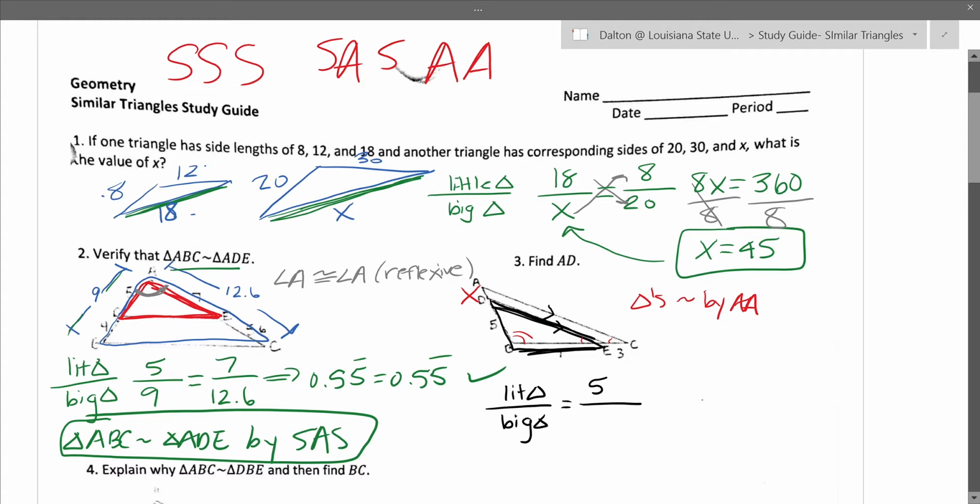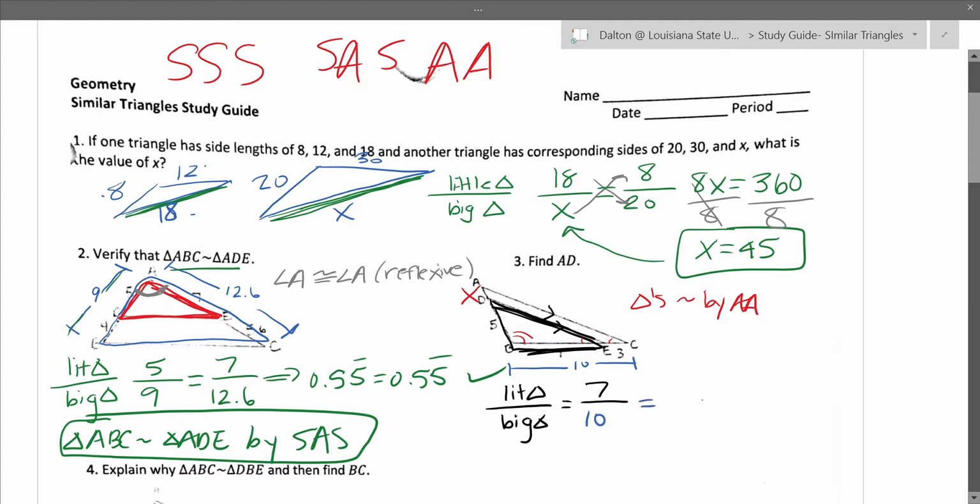I want to make a point first. So let me choose the other side. Let me choose 7. So 7 is the bottom side of the little triangle. It corresponds with the bottom side of the big triangle, which is 7 plus 3, which is 10.